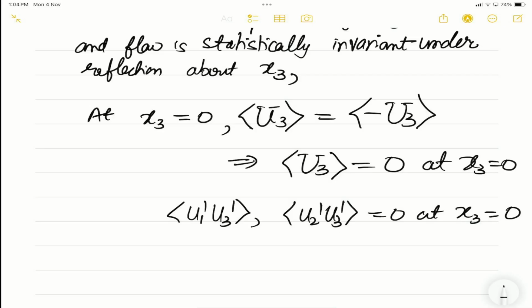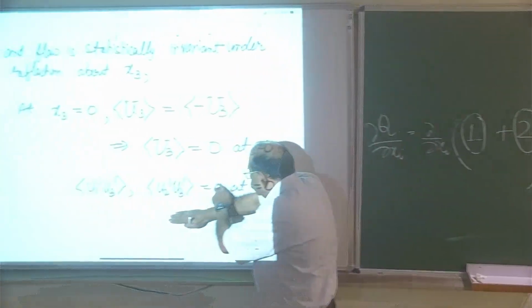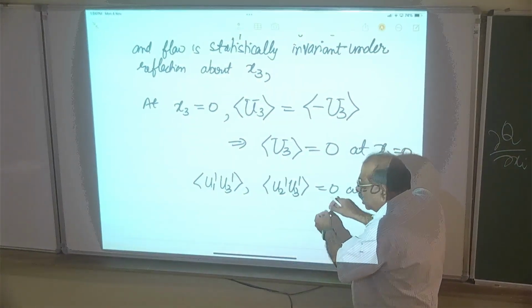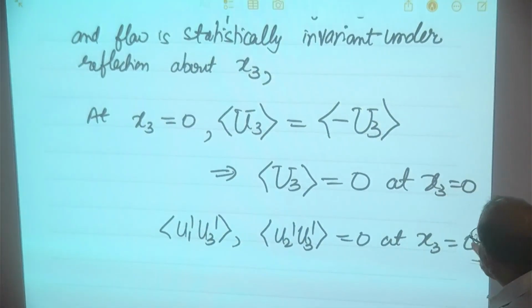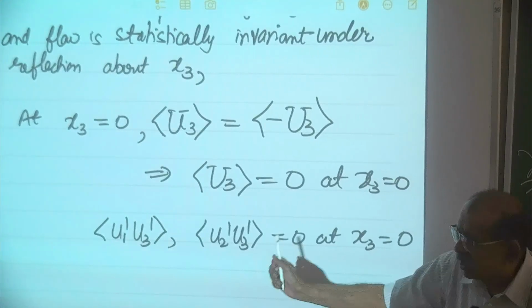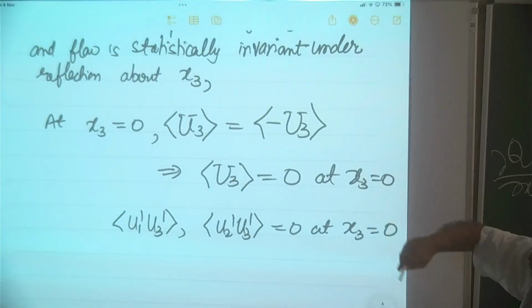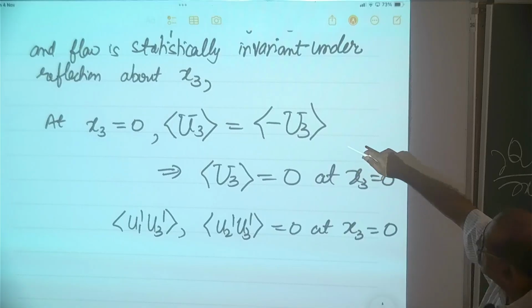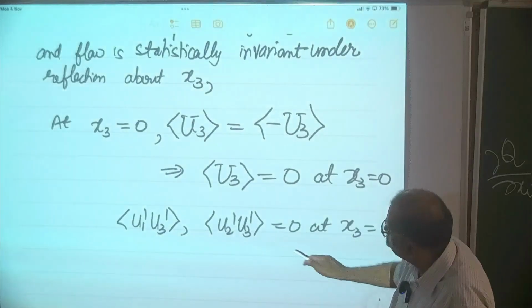This comes from taking a reflection about the z-axis: u3 and minus u3 will be equal at the axis. So at the axis, u3 and the stress components wherever the third axis appears become 0, because the flow is two-dimensional and invariant under reflection about x3.